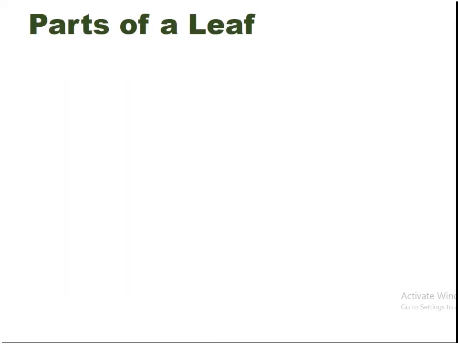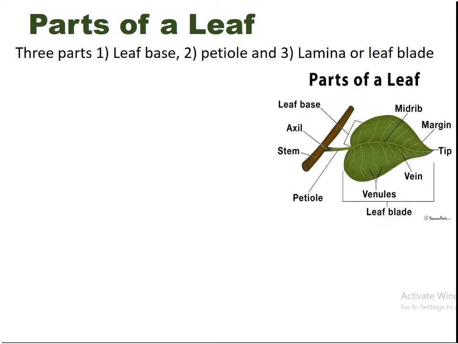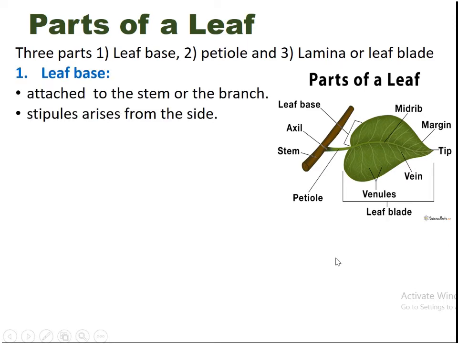Okay, now let's talk about the parts of a typical leaf. There are three parts of a leaf: the leaf base, petiole, and lamina or leaf blade. See, here is the figure of a leaf. The first one, the leaf base. The leaf base is attached to the stem or the branch. These are the leaf base, and stipules can arise from the side of this leaf base.